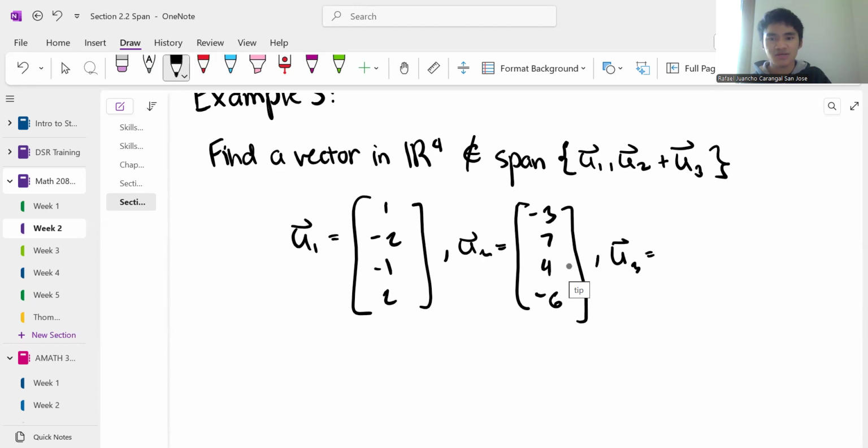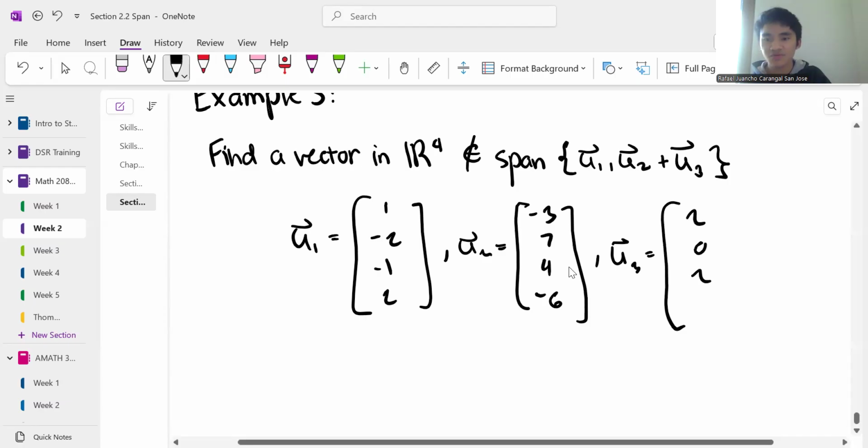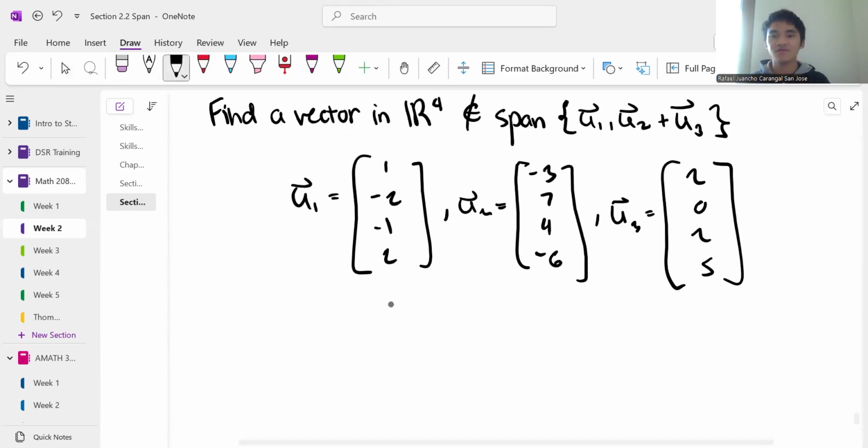U sub 3 is, okay, these are the components, 2, 0, 2, 5. Anyway, can we find a vector in R4 that's not part of the span? Meaning, what does that mean? We cannot write that vector as a linear combination of these three.